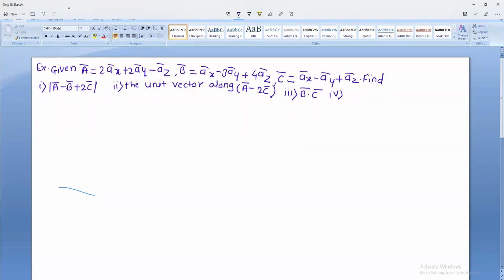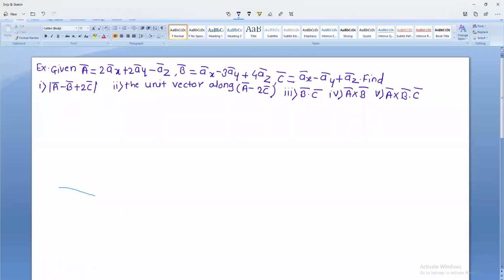And fourth is a bar cross b bar, and last fifth one is a bar cross b bar dot c bar.